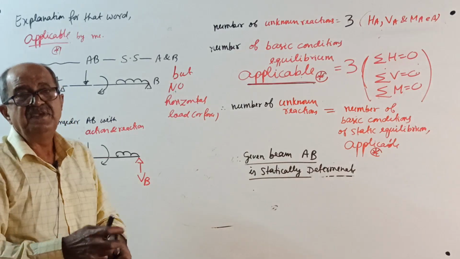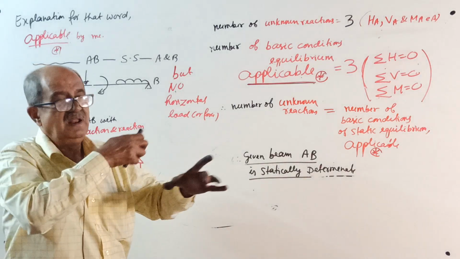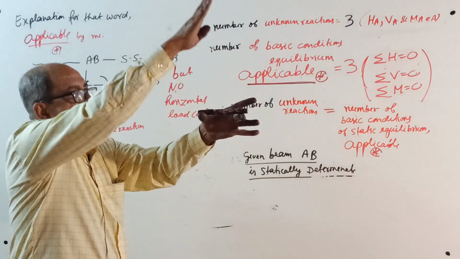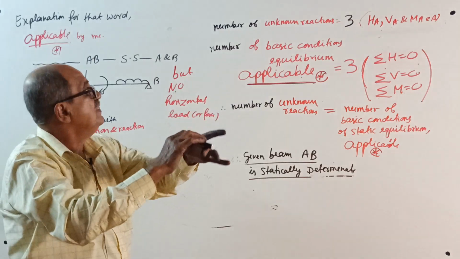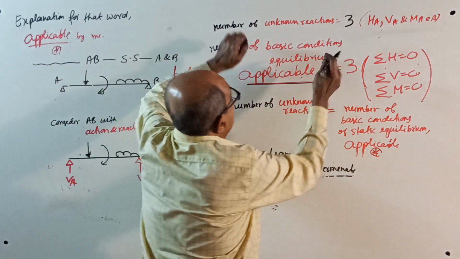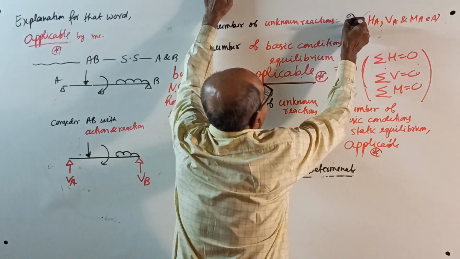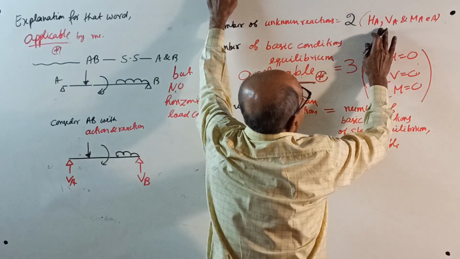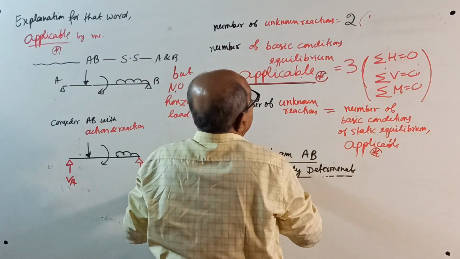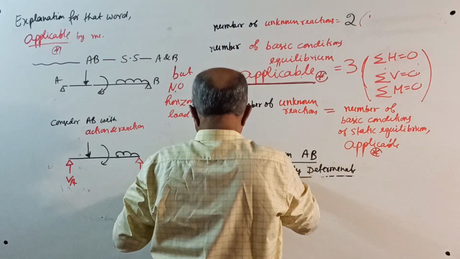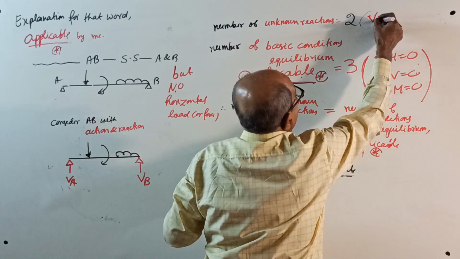Place a beam like this and apply load, only vertical loading. Therefore, the number of unknown reactions is 2. Which ones? VA and VB.